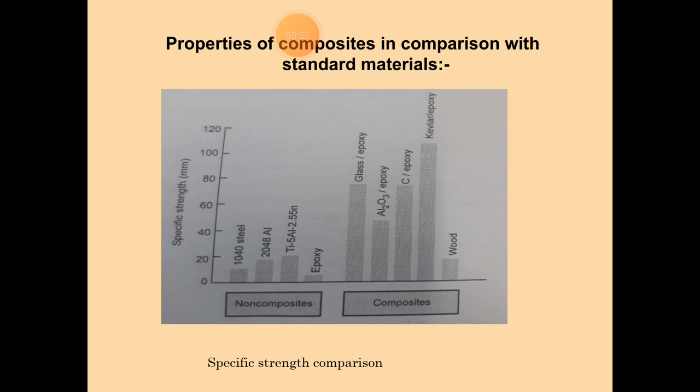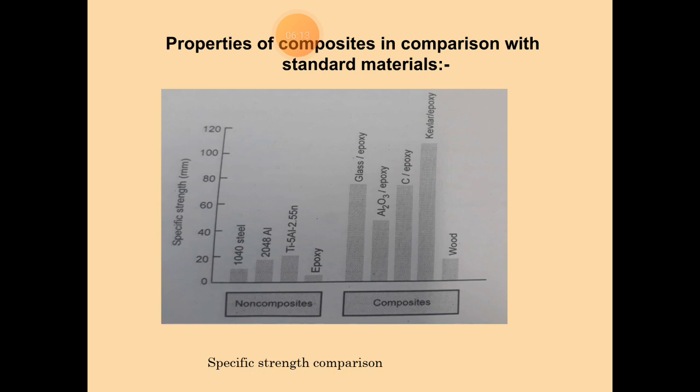Then the next topic is the properties of composites in comparison with standard materials. The graph shows the specific strength comparison of non-composite and composite materials: steel, aluminum, epoxy, glass, or wood.